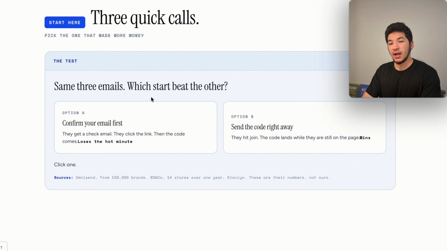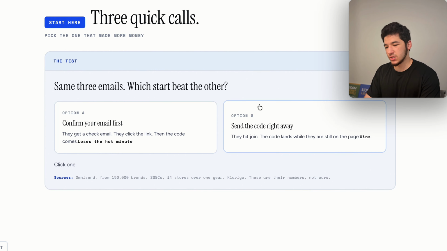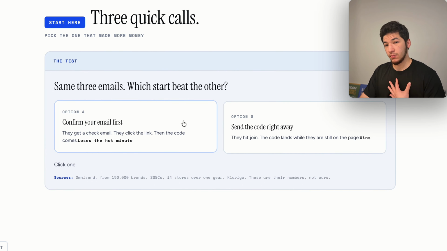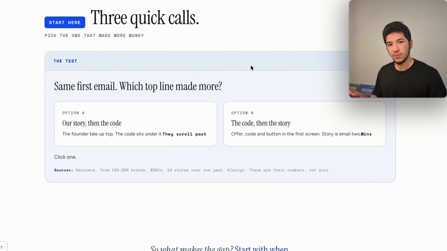Another question is, let's say there are 3 emails, same 3 emails. Which start beat the other? Confirm your emails, or send the code right away? Now, this one is a tricky one. And I, as an agency, as a person who does service for other people, I would choose this. But for an e-commerce brand, you need to choose the code one, because your main game is volume.